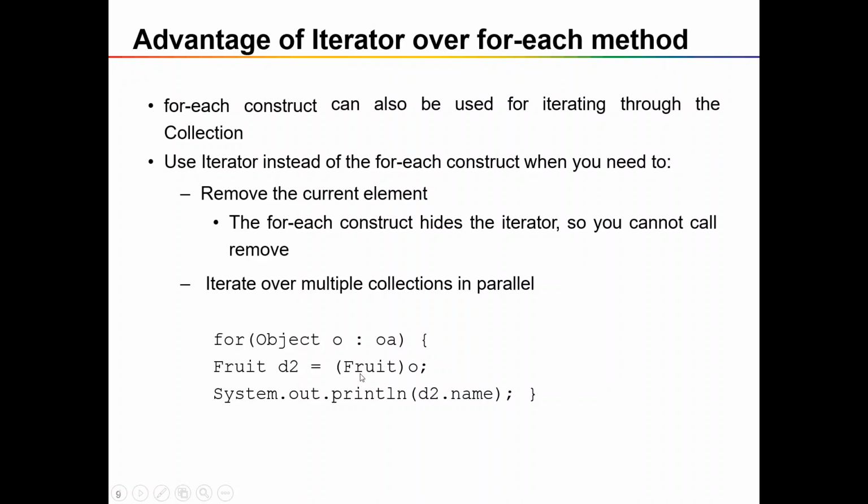Suppose the elements of the array list are of your own class type. So here Fruit is a user defined class. So I have to convert the object from the array list into my Fruit type. So here I'm doing the conversion. So this is how you can use for each also for accessing elements of your array list instead of iterator, right?